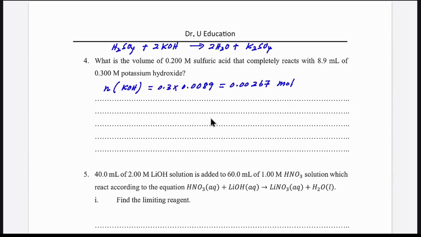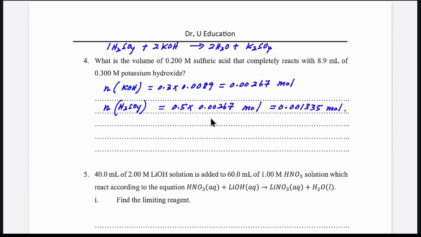The moles of H2SO4 is going to be half of this: 0.5 times 0.00267 moles, which is 0.001335. It should be two zeros.